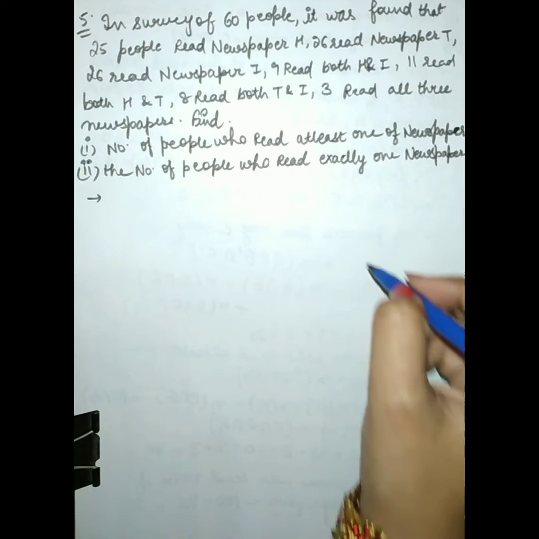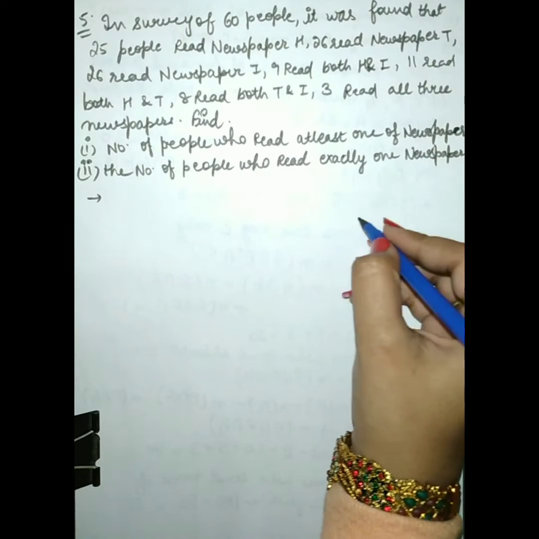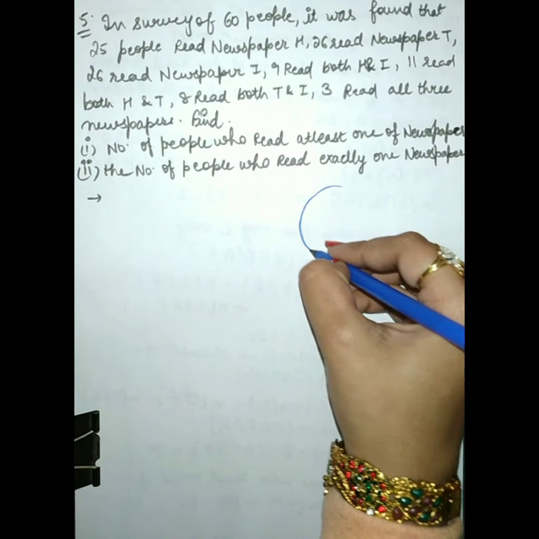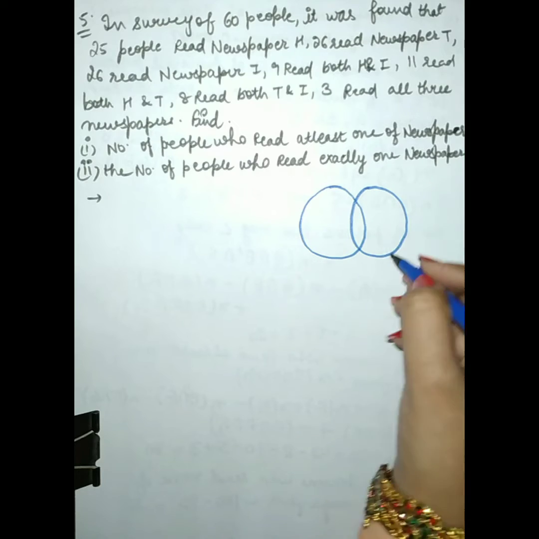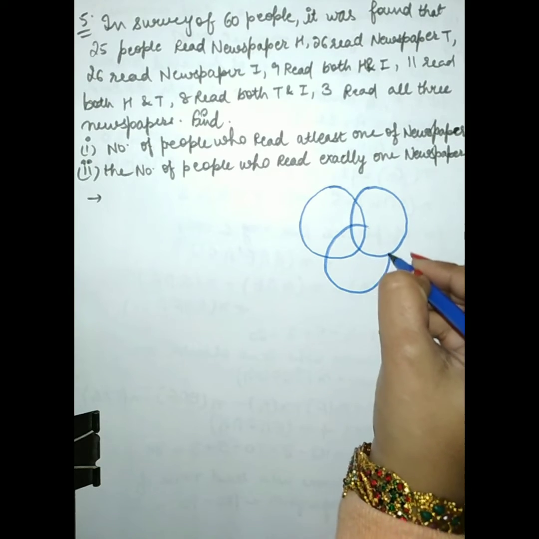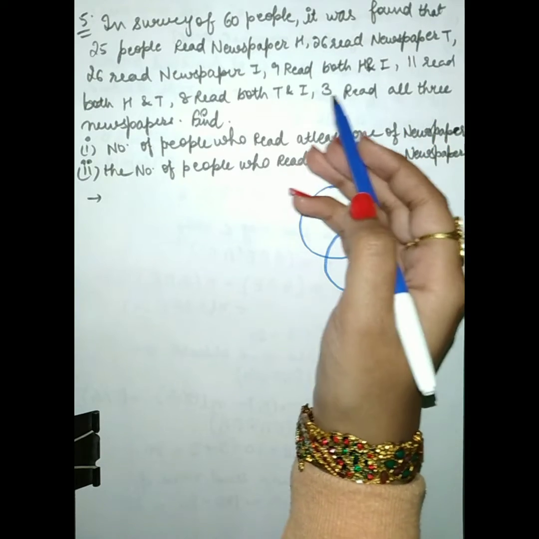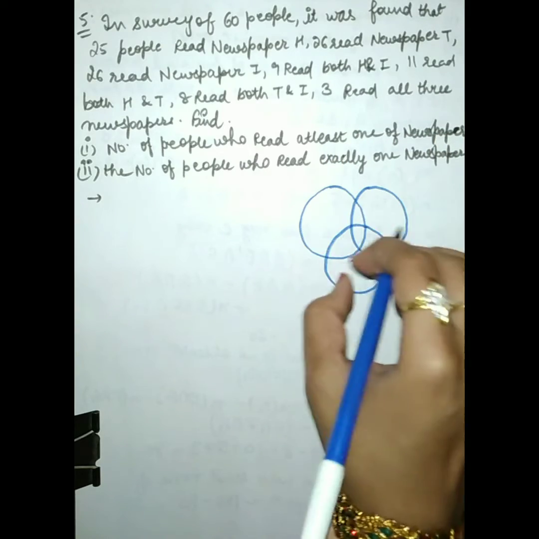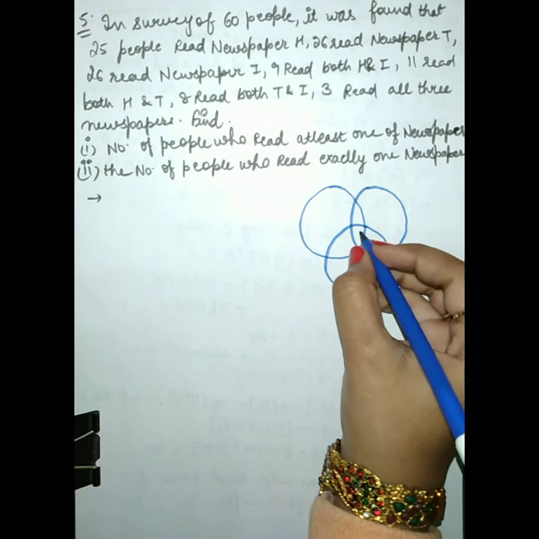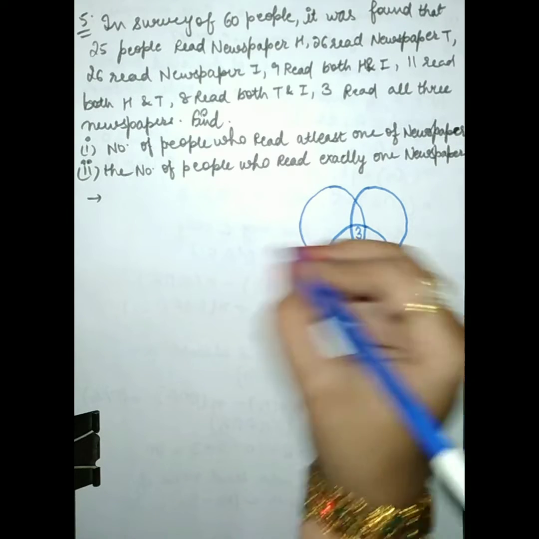We will discuss this question with the Venn diagram like this. This is the Venn diagram. We are given that 3 read all 3 newspapers, so this is the common region of all the 3 circles. So this portion will be 3.